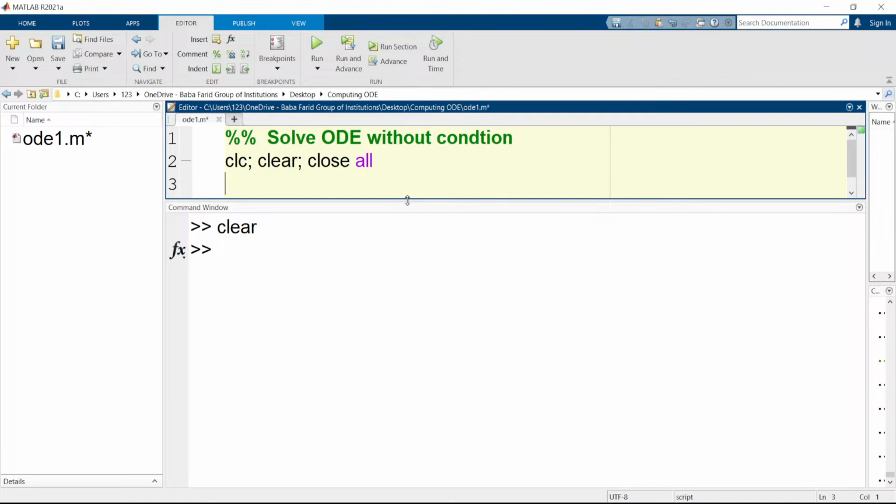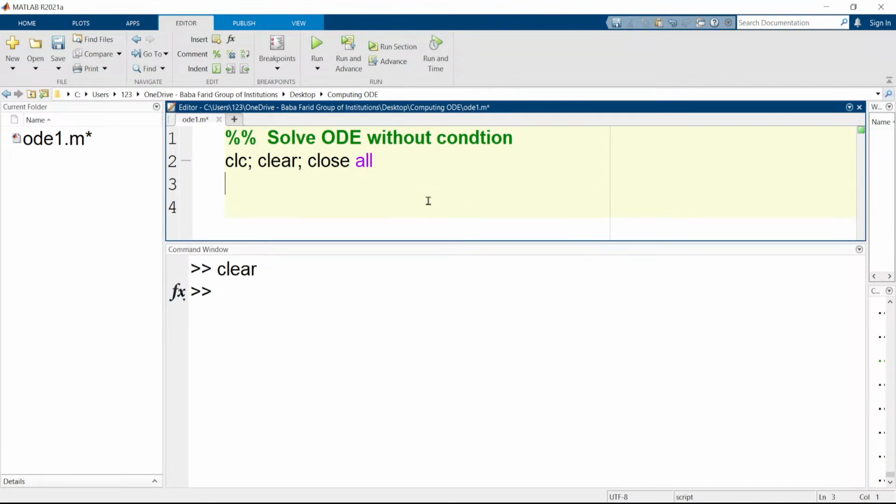Then you can write here syms y(t). Okay, this is y(t), and then again we have the differential equation ODE is equal to diff.